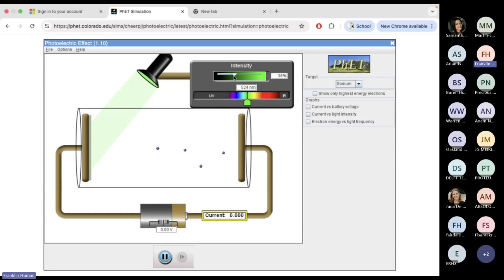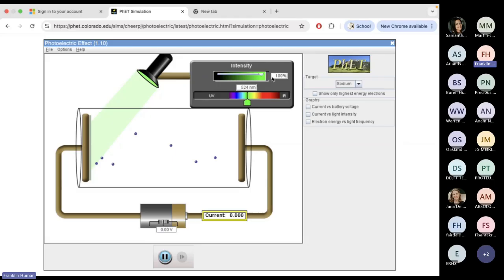And I'm going to move my slide control for my intensity. I'm increasing the intensity. Increasing the intensity gets me more electrons emitted, but the electrons are not moving particularly faster between the electrode on the left side and the electrode on the right hand side.